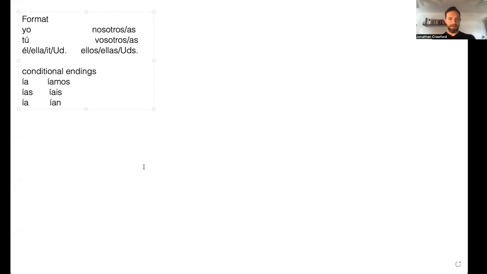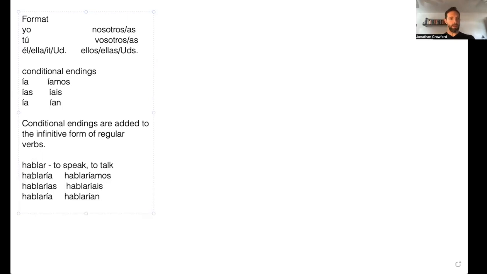But remember, the endings have to go at the very end of the verb, right? So conditional endings are added to the infinitive form of regular verbs. All right. So there they are, conditional form.